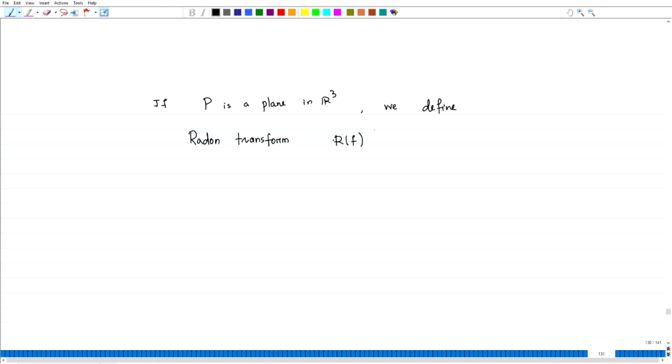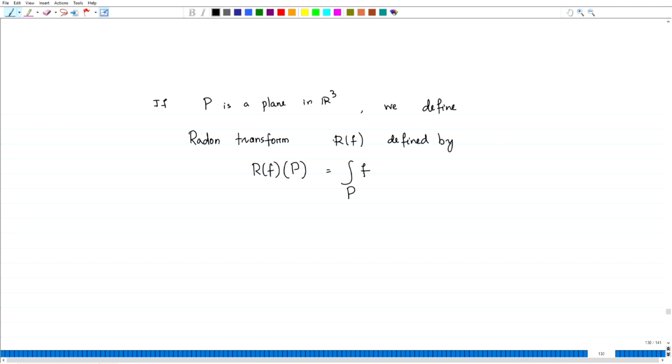Rf is going to be a function on the set of planes P. We define it as the integral of f over the plane P, that is, the average of the function over the planes.